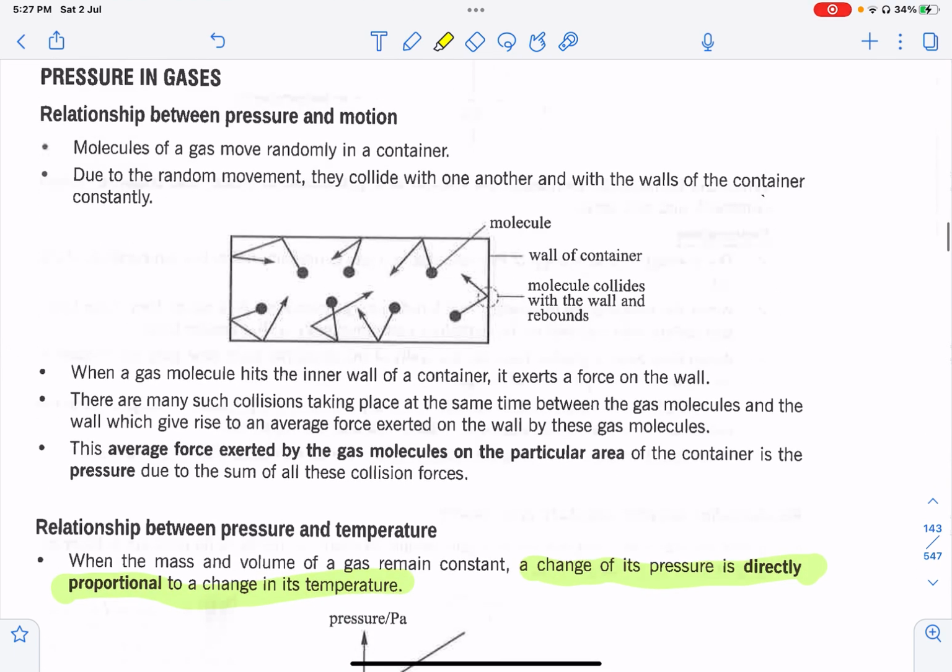Next, we look into the pressure in a gas and how pressure relates to the motion. This can only happen usually for a gas, right? Why? Because it is compressible, but more importantly, it is flexible and allows some form of pressure to be put into it. Due to the random motion, the particles constantly collide with each other, especially with the walls of the container.